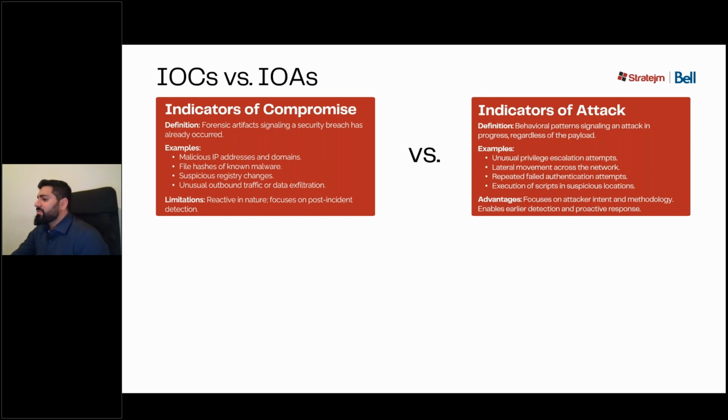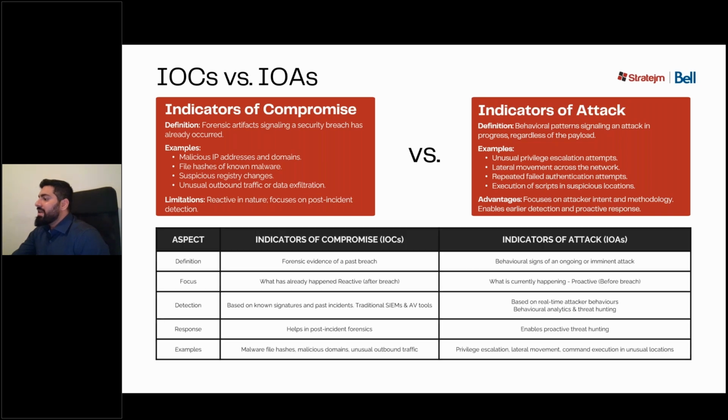Now, there are some advantages of using indicators of attack rather than indicators of compromise. Indicators of attack don't operate on fixed indicators, right? Behavior might change. Now, security teams need to be proactive in their approach, right? Which means that you need to detect and mitigate zero-day threats.